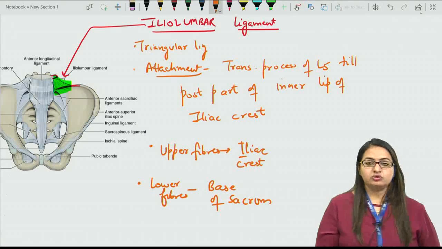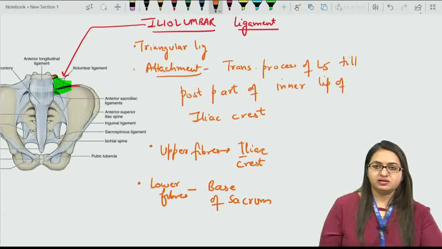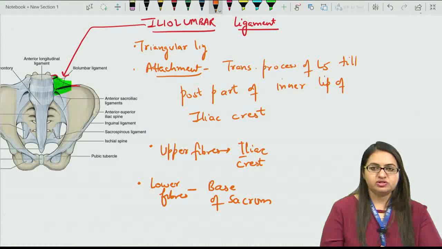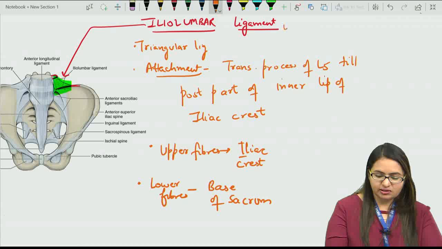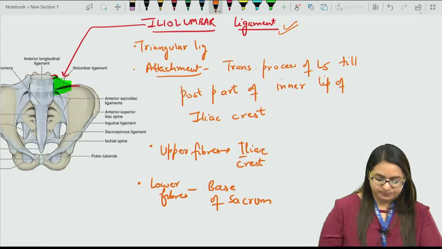This iliolumbar ligament, due to its presence over here, maintains the stability of the lumbosacral joint, as well as the stability of the sacroiliac joint, preventing the anterior movement of that joint. Apart from this, it continues with the layers of the thoracolumbar fascia.